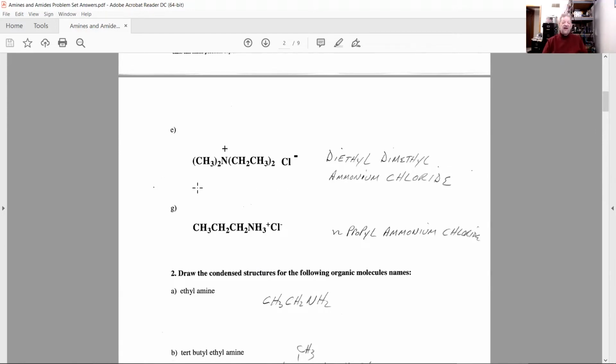You name each alkyl group, then add the words ammonium halide: Cl minus chloride, Br minus bromide, I minus iodide. And that's a chloride. Notice I have 2 methyl groups, 2 ethyl, and you can have any order: diethyl dimethyl, or dimethyl diethyl, ammonium chloride.